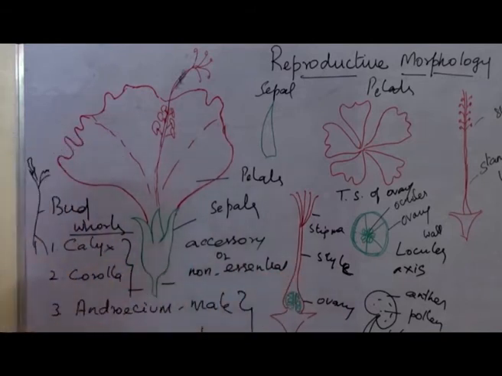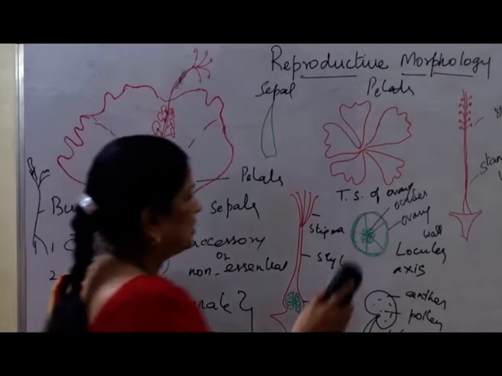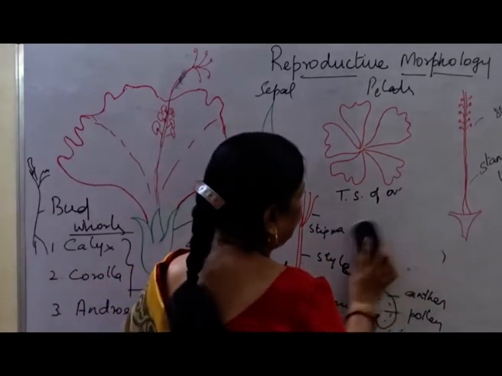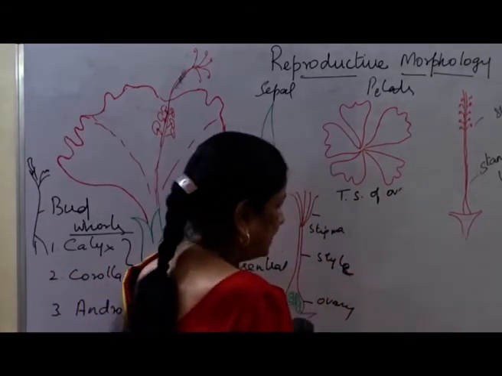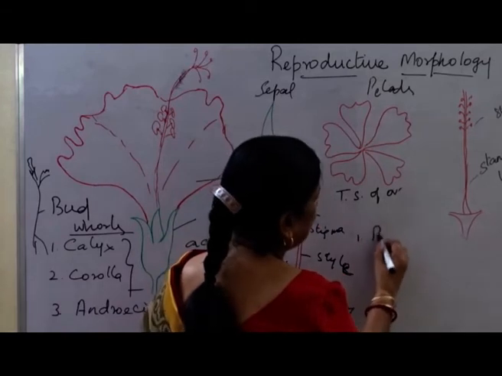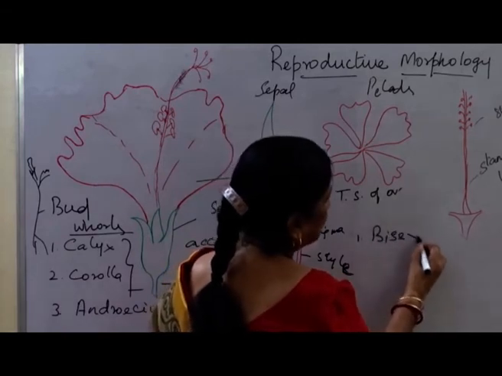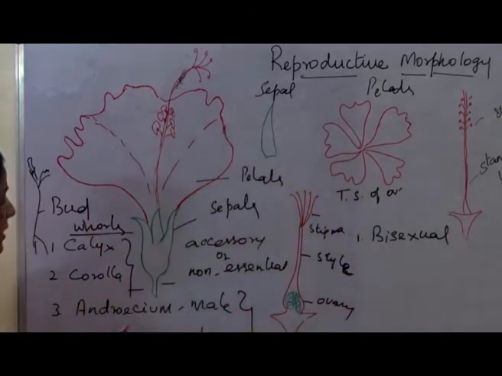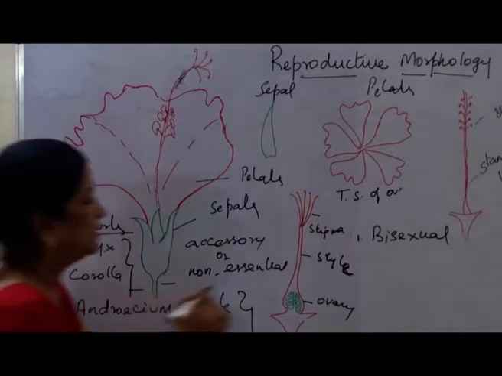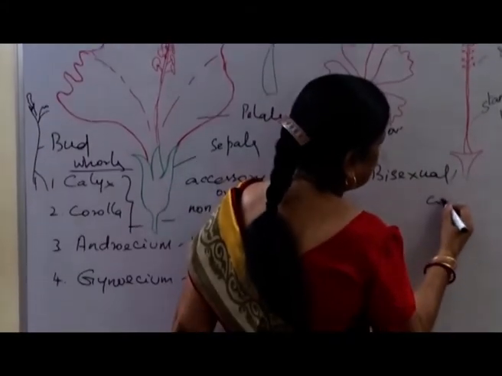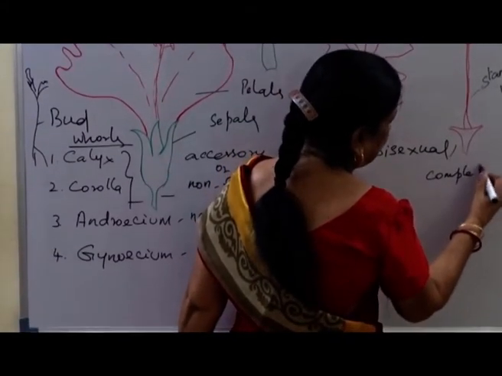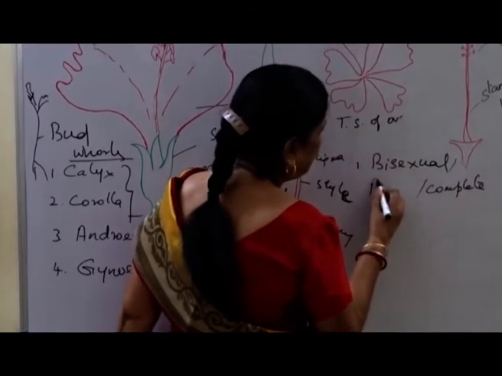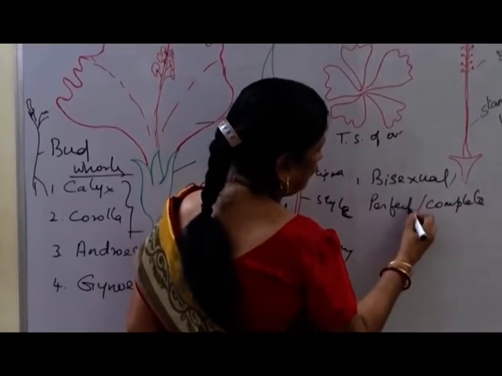And here you should know one more: flowers are said to be bisexual. We come across a few terms. The flowers are said to be bisexual as both the essential whorls are present. It is also called a complete flower or perfect flower.